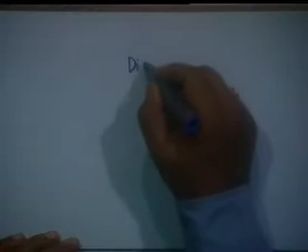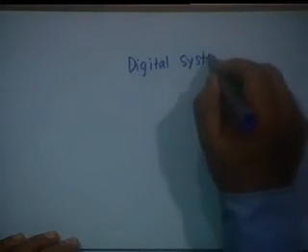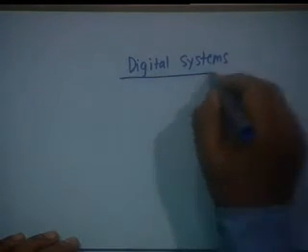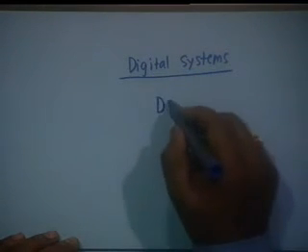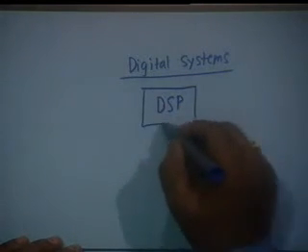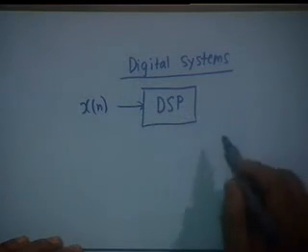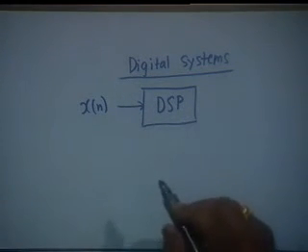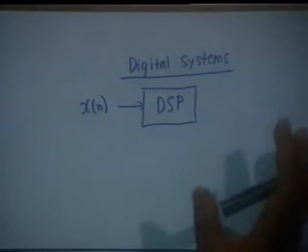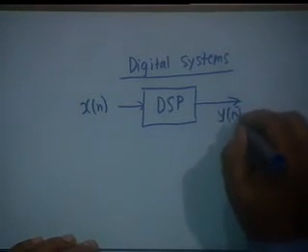Now we come back to digital systems. As I have already said, a digital system, a digital signal processor takes a digital signal x of n and does calculations on x of n and its previous samples to produce a new output y of n.